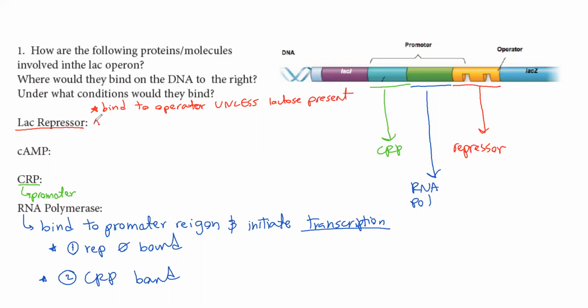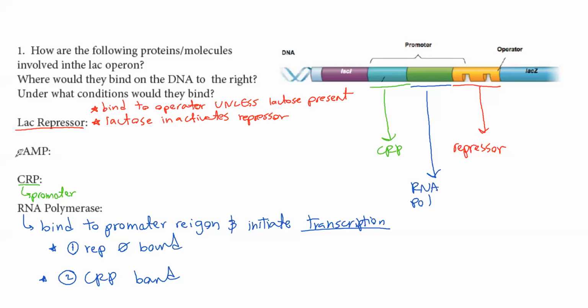Just to clarify, lactose inactivates the repressor. So if lactose is present, it'll turn off the repressor, so the repressor can no longer bind to the operator. That means that transcription could happen. That inactive repressor means nothing is getting repressed.